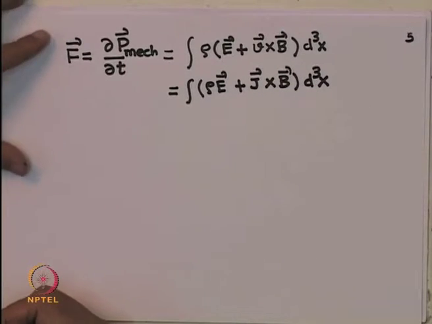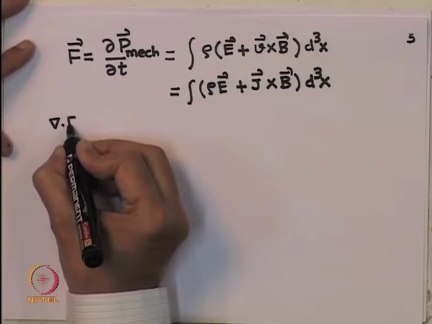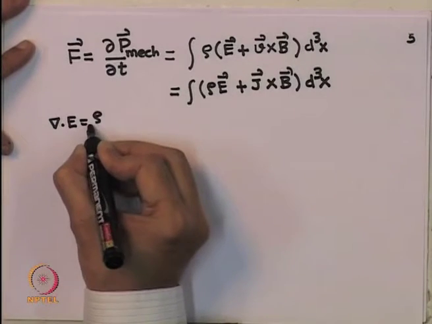Now, what I will do is this. I know del dot E is rho by epsilon 0.